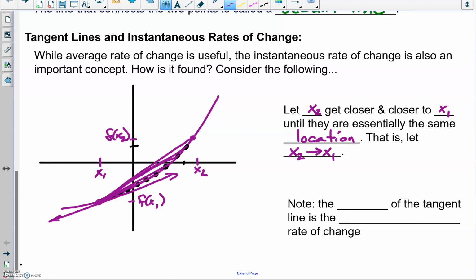So one thing to note then is that the slope of this tangent line is now going to be the instantaneous rate of change. So the secant line, slope of that is your average rate of change. Tangent line, the slope of that is going to be the instantaneous rate of change.